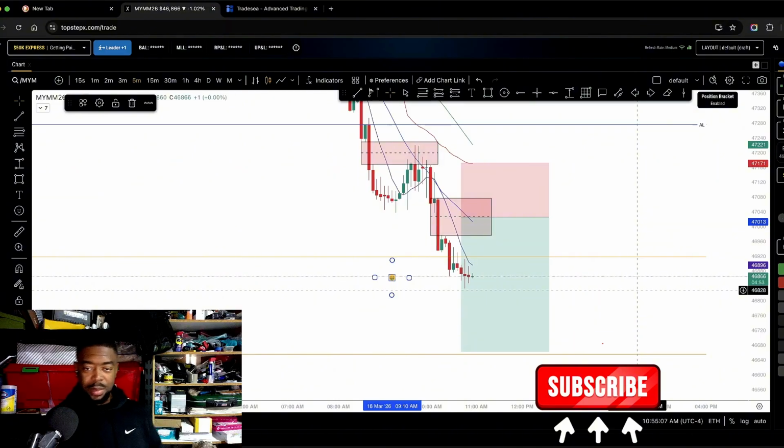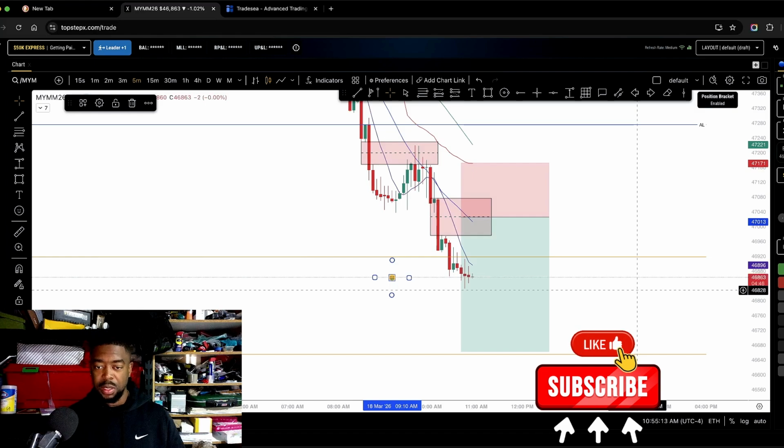But either way, I'm not chasing it. It would have to come into my trade zone for me to take that trade. Oh, I wish I would have taken that previous gap.